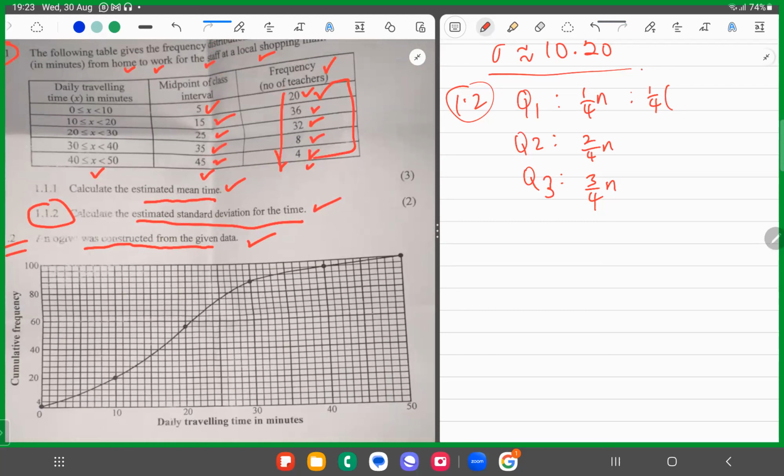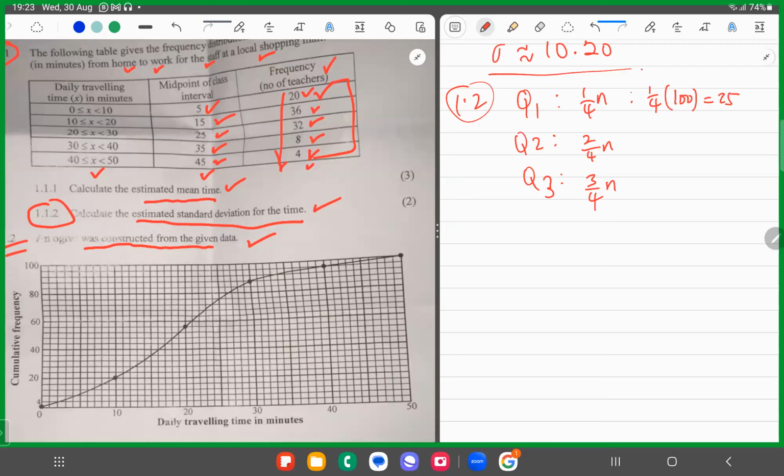Okay, let's just check. So you have 20 plus 36 plus 32 plus 8 plus 4. You have 100. So which means that we have a quarter of 100.